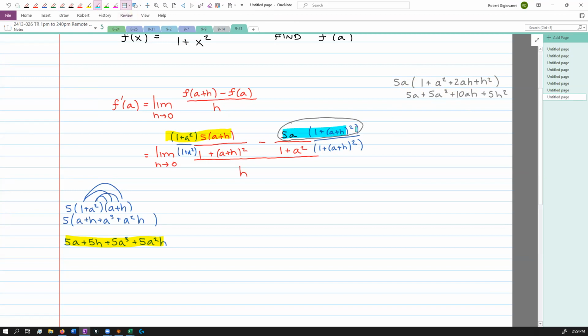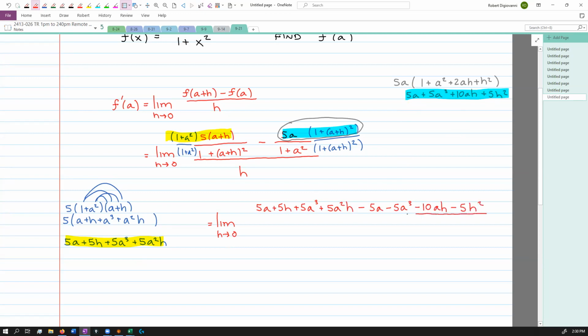So that is this, and I'm supposed to subtract, right? So this yellow one minus that blue one, the minus will distribute through to all those, then my common denominator, then all over h. So here we go. Limit as h goes to 0. Okay, this yellow piece first, 5a plus 5h plus 5a cubed plus 5a squared h minus, now I'm subtracting each of these, so minus 5a minus 5a cubed minus 10ah minus 5h squared.